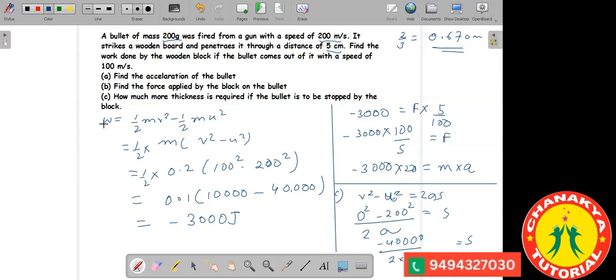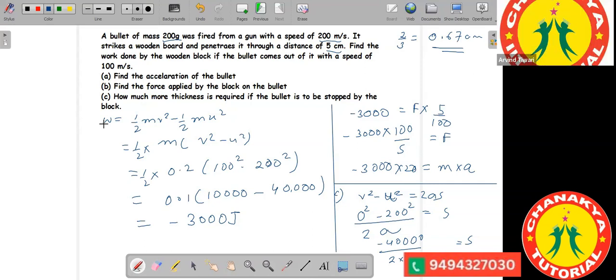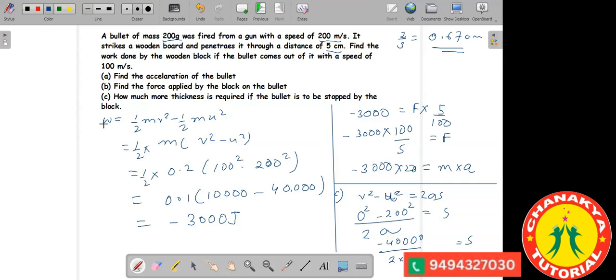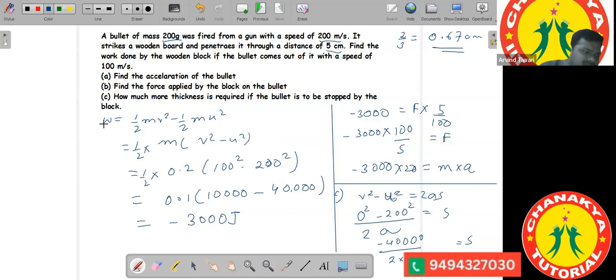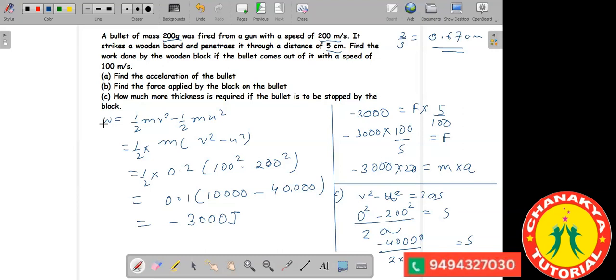So acceleration was minus 3 lakhs, right? Yeah. So then you have to do minus 40,000 divided by 2 into minus 3 lakhs. If you cancel out the zeros, you will get 4 by 6.